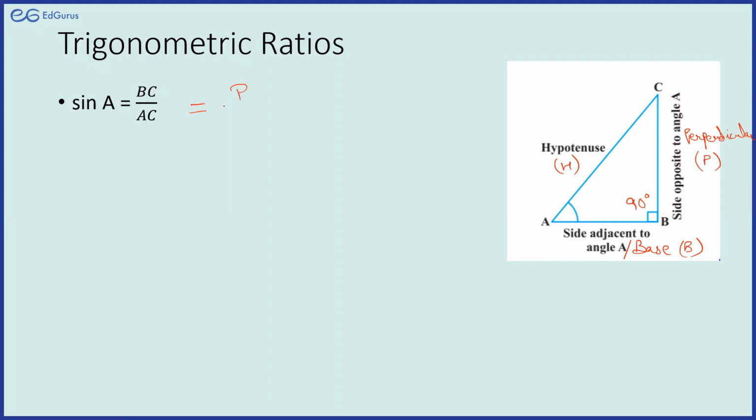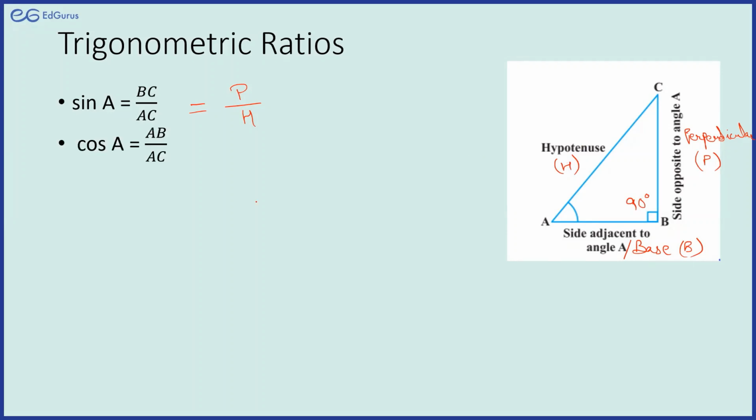Okay, so this is your perpendicular and this is your hypotenuse. And perpendicular is the side opposite the angle for which you are defining the sine. So you're defining it for A. Sine of A is the side opposite angle A, which is the perpendicular, and the hypotenuse of the right angle triangle.